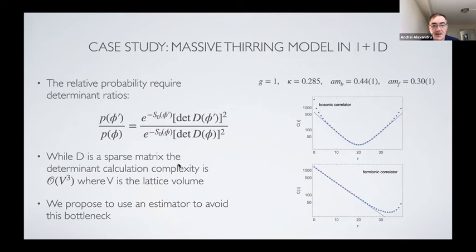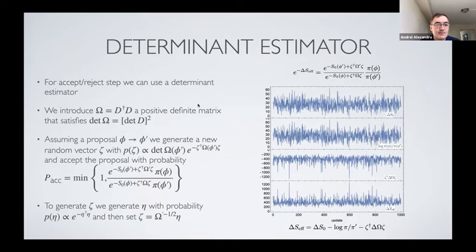And so in order to avoid having to calculate this ratio of determinants, we plan to use an estimator for this determinant ratio. Now, this estimator must be chosen very carefully.